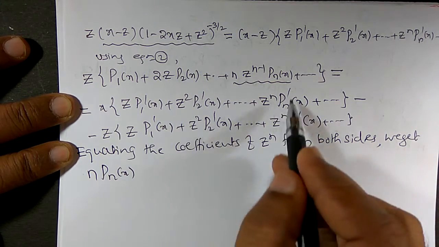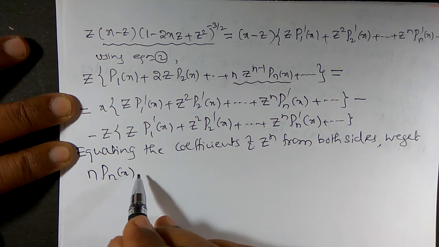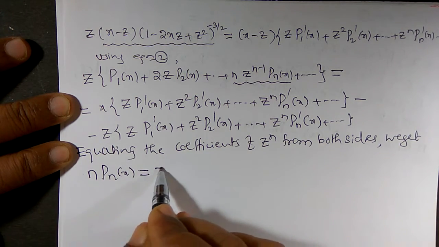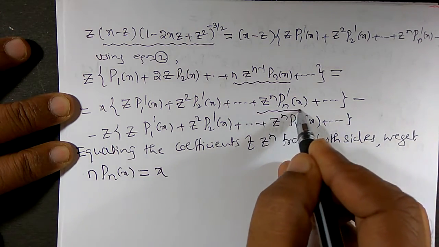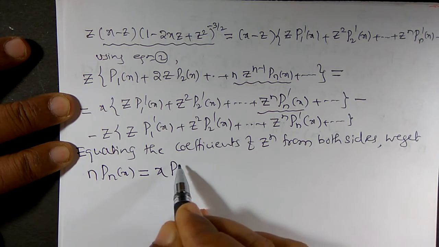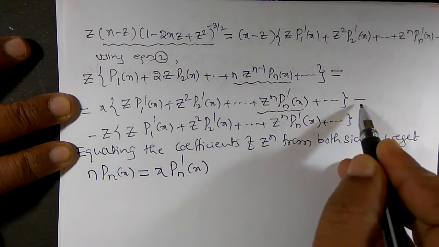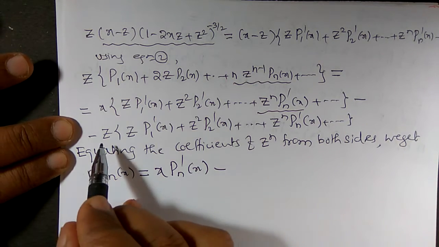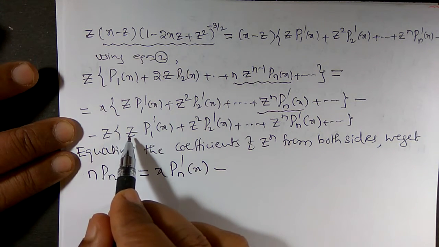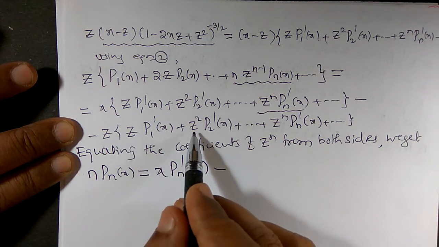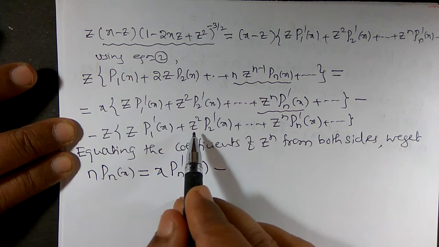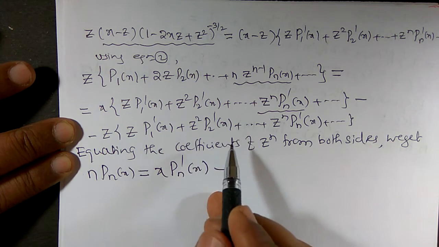What is the coefficient of z raised to n? I hope you will get this is equal to x into Pn prime of x, minus, right? Now I want to multiply z into z square, but I don't want z square. Z square into z cube, I don't want z cube.